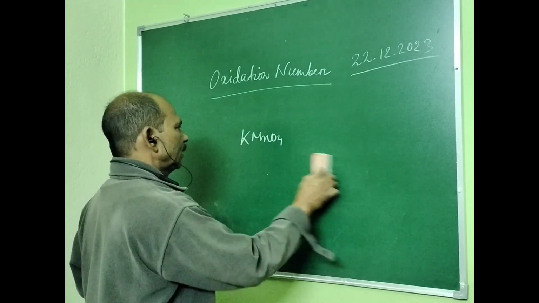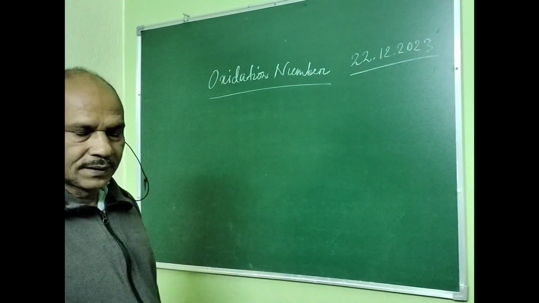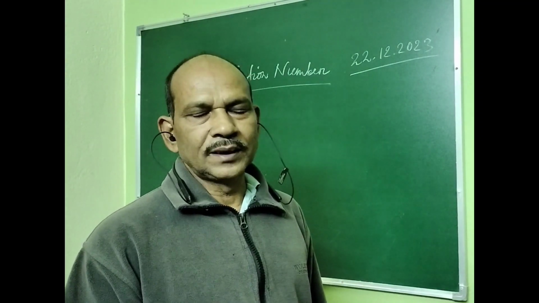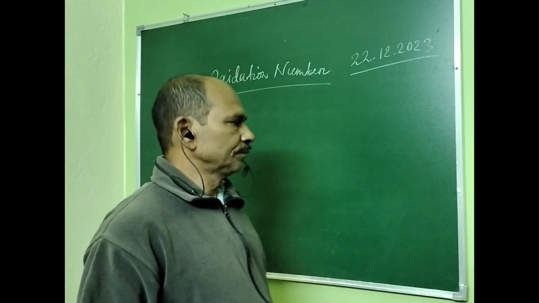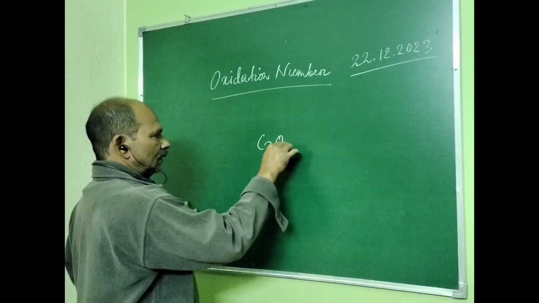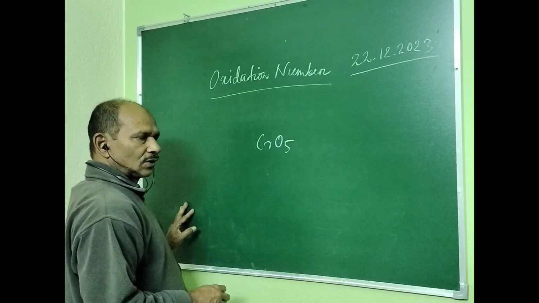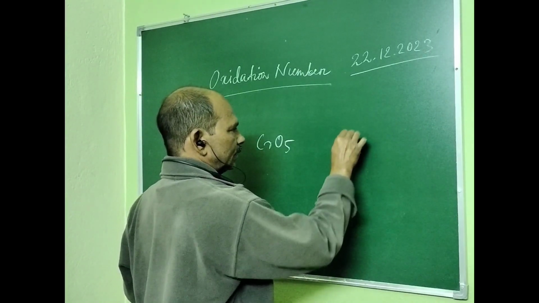I am citing here some typical examples. With this formula, we can now determine the oxidation number of the element in that compound. Suppose CrO5. There is a peculiar structure. This is called butterfly structure.